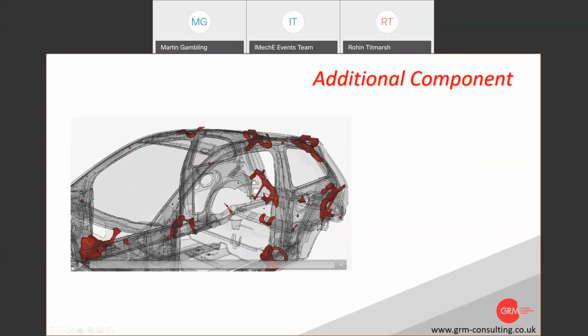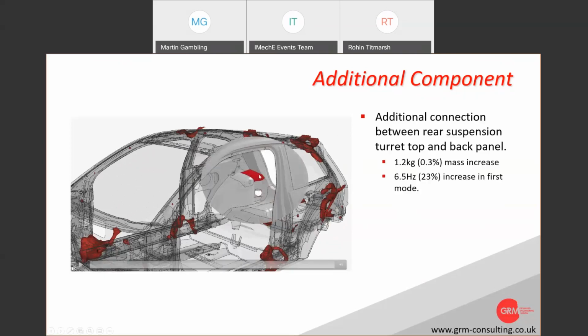Really clear load path. It connected that area there, and so we added a part. Just a simple press part was added in to connect between, and that gave a really big increase in the stiffness. So yep, 1.2 kilos for the part for both sides, and it gave a 6.5 hertz increase. So really big increase in the improvement.